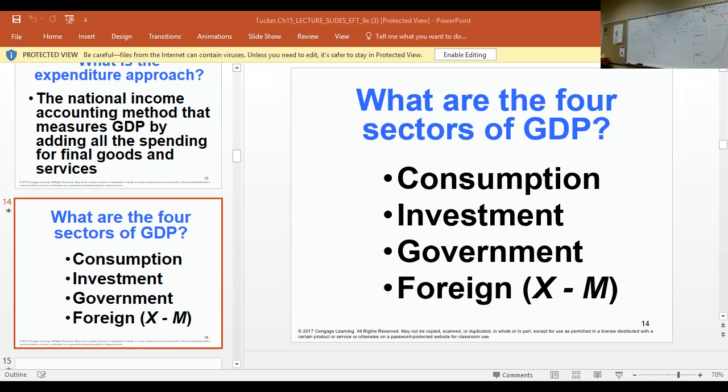Do you think it's a positive or negative number for the US? Negative, big time, yeah. Okay. So that's usually a negative number. We buy more stuff from foreigners, import spending, than we send to them.